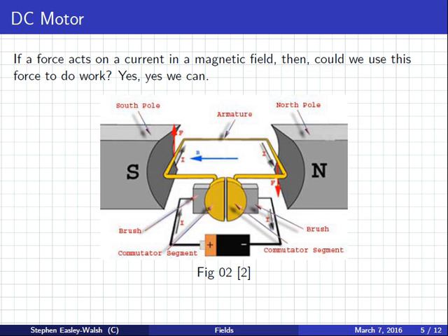The current's going in, so the force is going up. If we look at the other end, the current is going out, the field is going that way, so the force is going down. What will happen to this wheel? Well, it will start to turn.